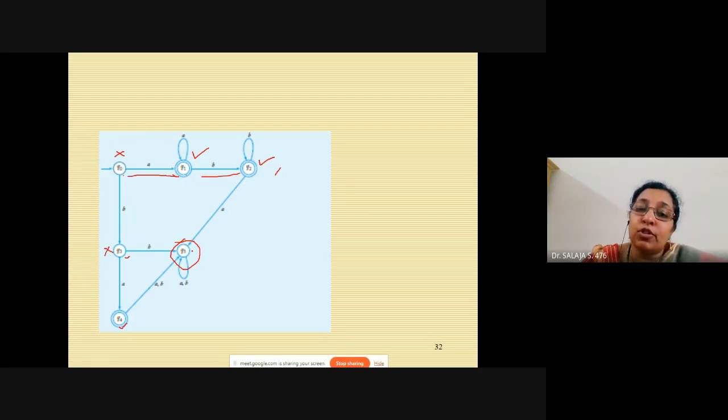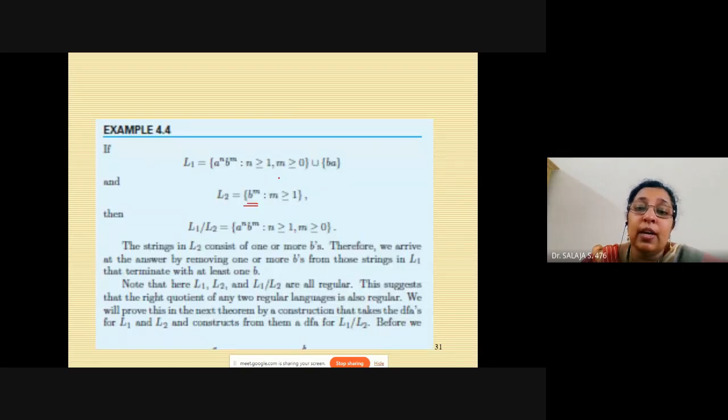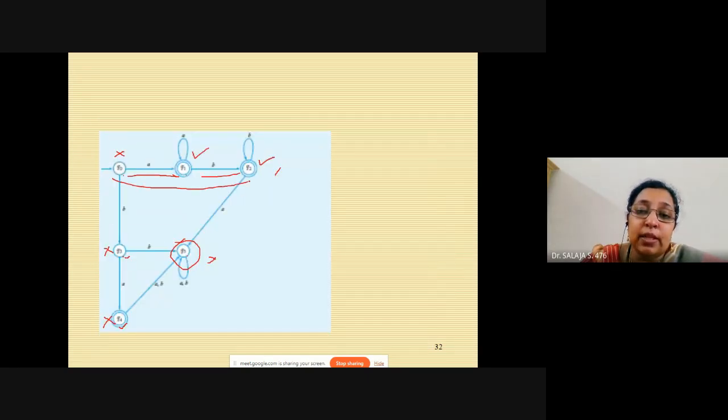Q4 on B moves to a trap state, so this is not a final state. So Q0, Q3, and Q4 are not final states. The final states are Q1 and Q2. And therefore the end result will be this part alone, which is A closure and then B closure.